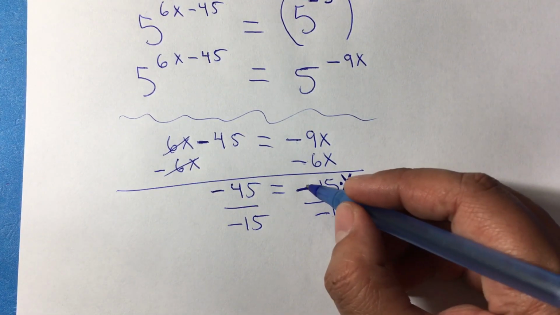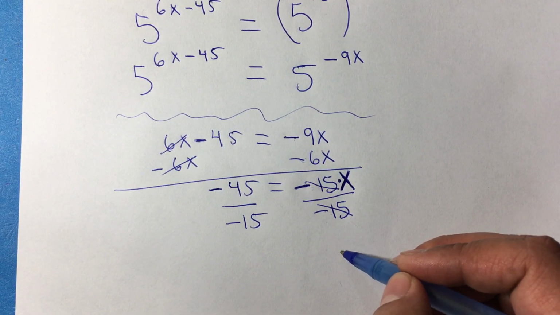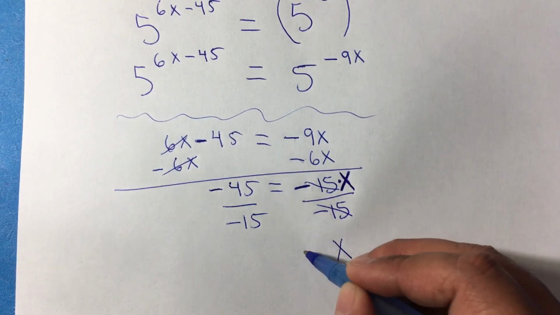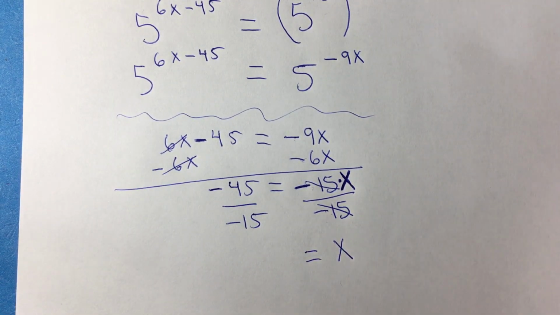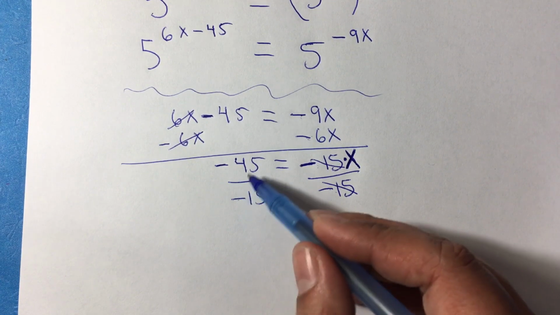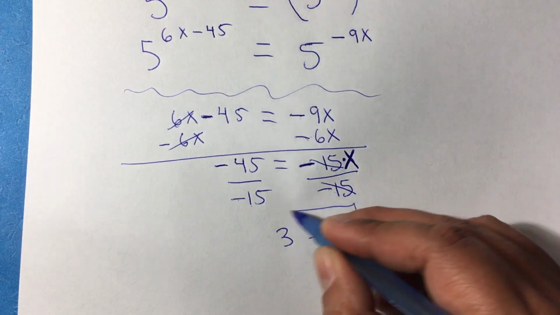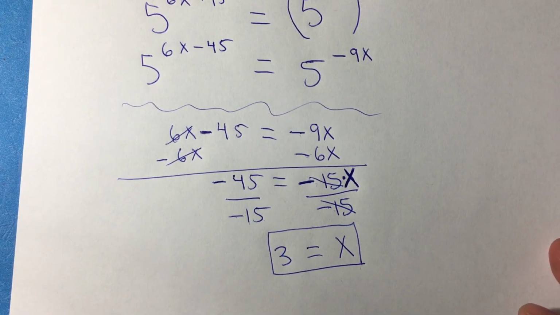So this cancels. Negative 15 divided by negative 15 is 1, that we don't need to put it. So it's 1x. The 1 is right there, but we don't need it. And then negative divided by negative is positive. 45 divided by 15 is 3. So positive 3. So x equals 3.